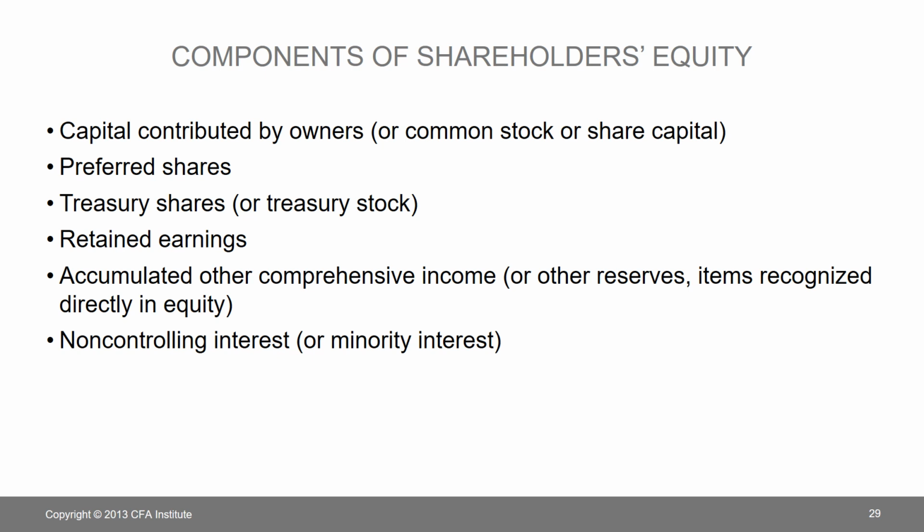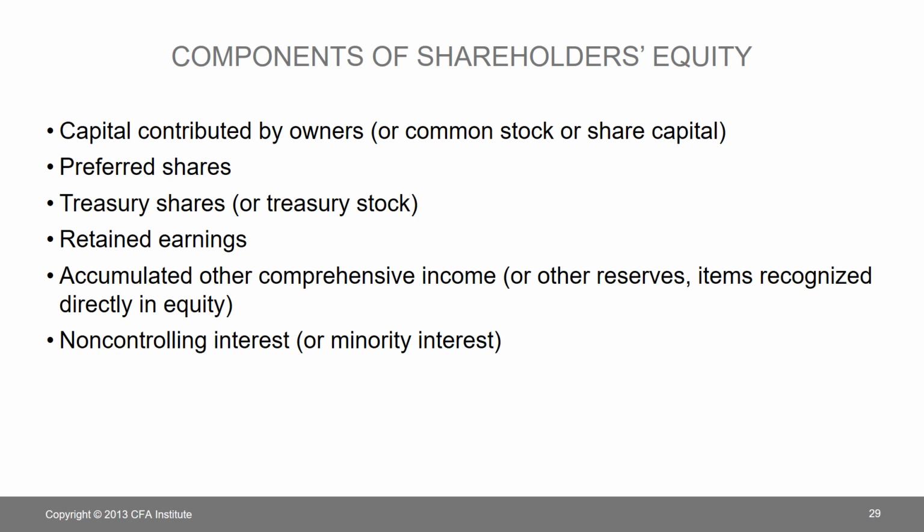Accumulated other comprehensive income, AOCI, also known as other reserves. Okay, the cumulative amount of other comprehensive income or loss. Other comprehensive income refers to income that is not recognized on the income statement. And recall that beginning AOCI plus other comprehensive income equals ending accumulated other comprehensive income.